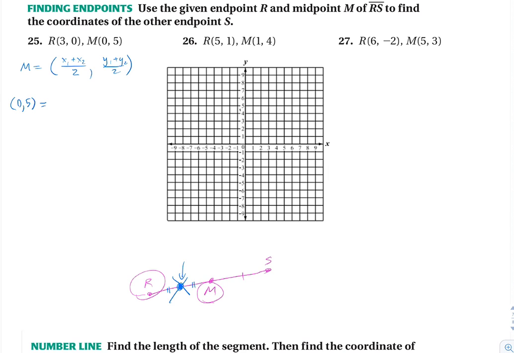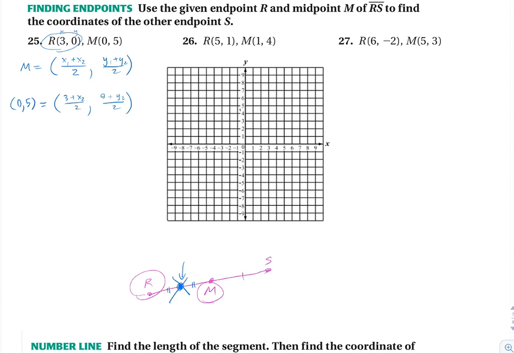That's where the midpoint goes. Equals, and then we plug our first point in to x1 and y1. So we've got 3 plus something divided by 2, comma, 0 plus something divided by 2, and we're looking for the second point. Now that's totally a valid approach. You can just use the formula. It doesn't matter whether you plug in the 2 points to find the midpoint, or plug in a midpoint and a point to find the other.